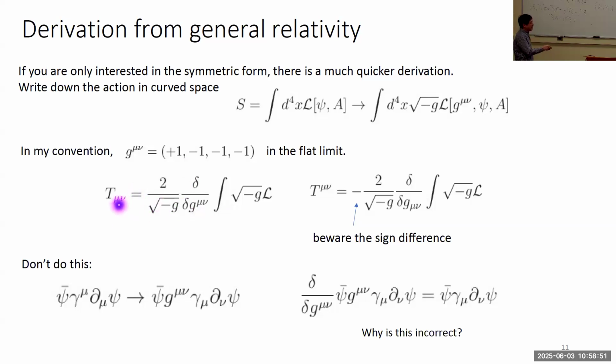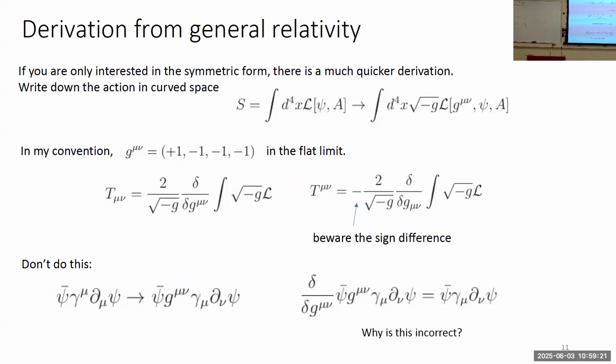You might naively think that if you raise these indices up, then these indices just go down. But in fact, there is an interesting minus sign here. I leave it to you as an exercise to work out why you have this minus sign here. You need a bit of knowledge of general relativity. So that's the first thing to know: beware of the signs.